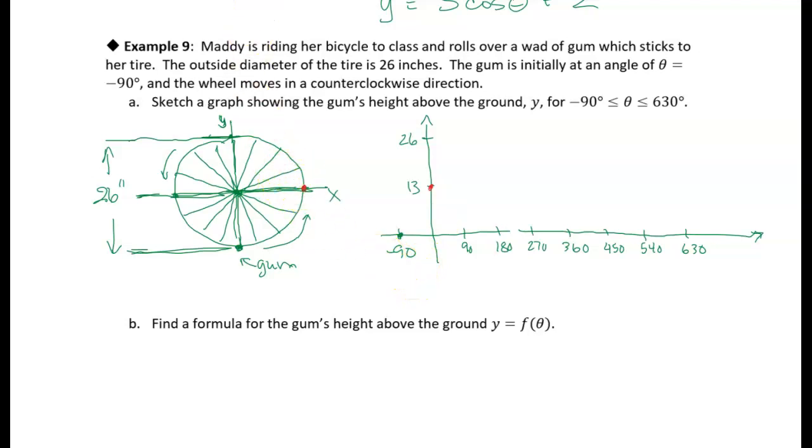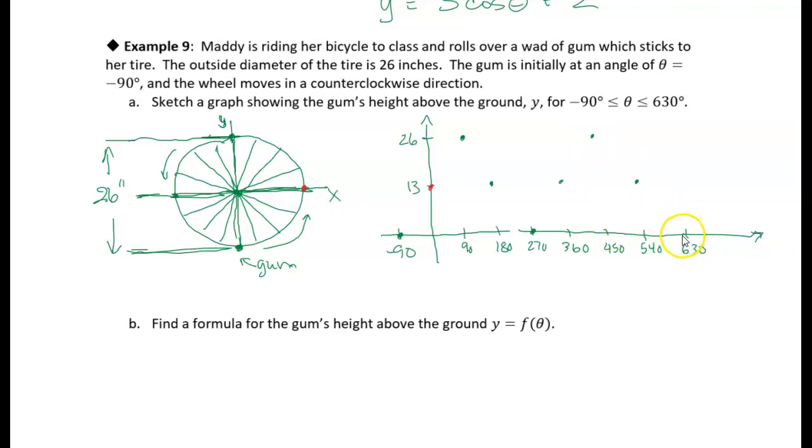Then I can just keep going around the circle. At 90 degrees, we're up here at the top, so we're going to be at 26, and then we're going to come back down at 180, and then at 270, we're going to be back down at the ground. Then we're just going to keep going in that pattern, as long as she keeps moving forward.